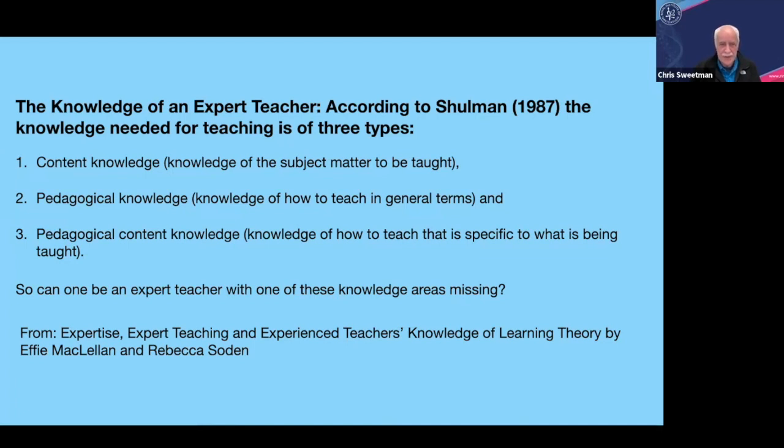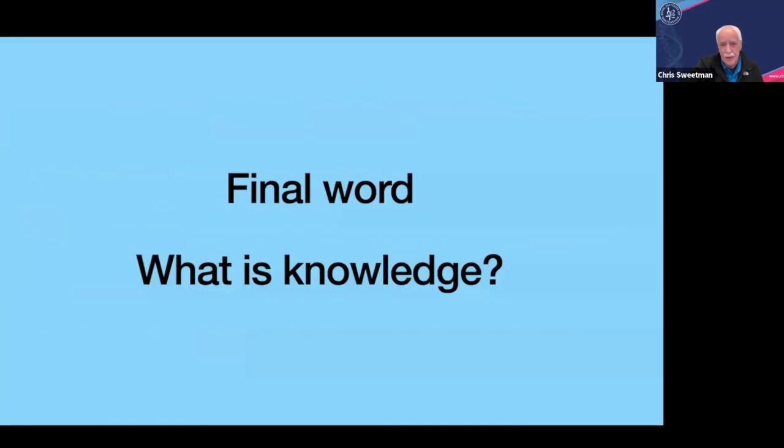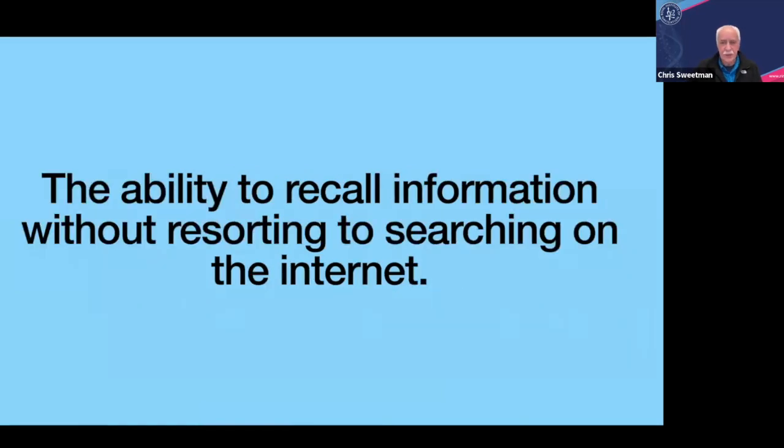So can you be an expert teacher with one of these knowledge areas missing? And then finally, what is knowledge? My take is the ability to record information, rather than resorting to searching on the internet.